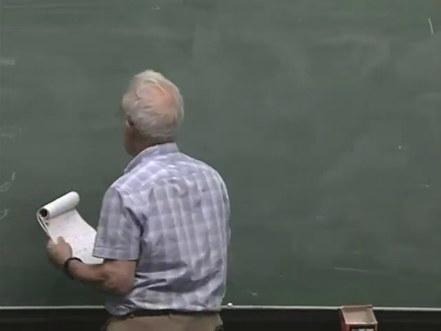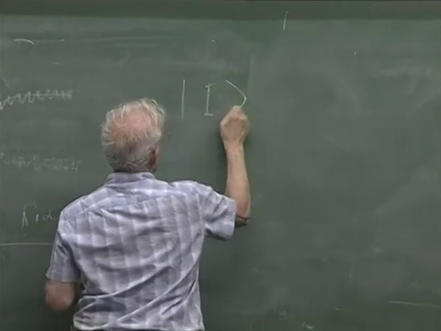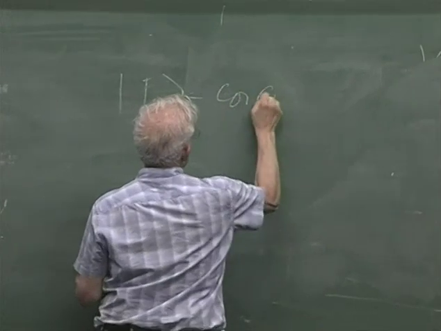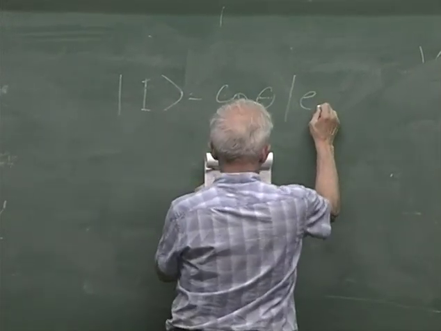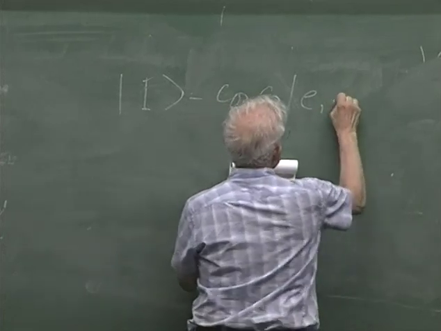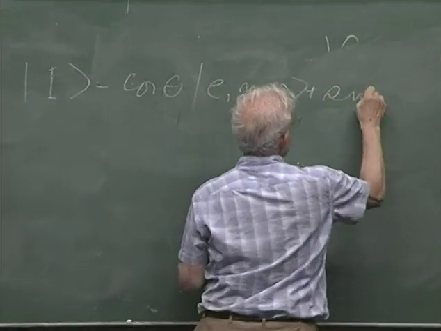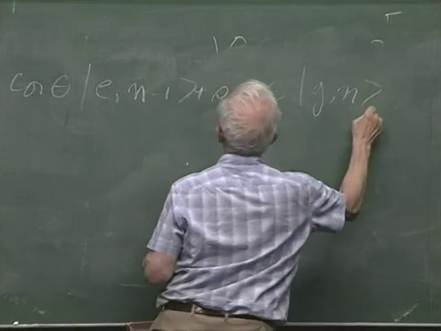And this state 1 over here is equal to the cosine of theta, say, of the state E and n minus 1, plus sine theta of the ground state and n.